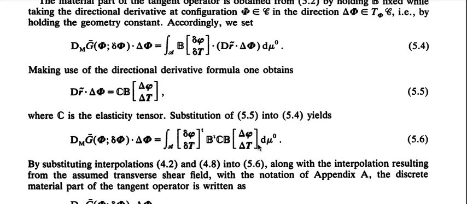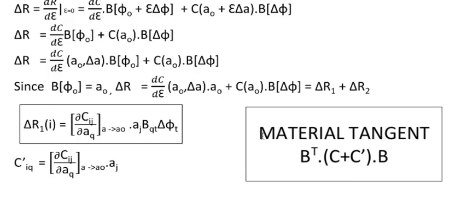Please note that the first bracket over here corresponds to the variational quantities, which are small delta phi, small delta capital T, and the second bracket corresponds to the linearized quantities, capital delta phi and capital delta capital T. This is happening because this term is intact as it was there before. It has simply come here, and here it was a dot product, so that's why this has become a transpose, and this term has come on the left side and this B has become transposed over here on the right side, and this term is now C plus C dash times B delta phi delta T.